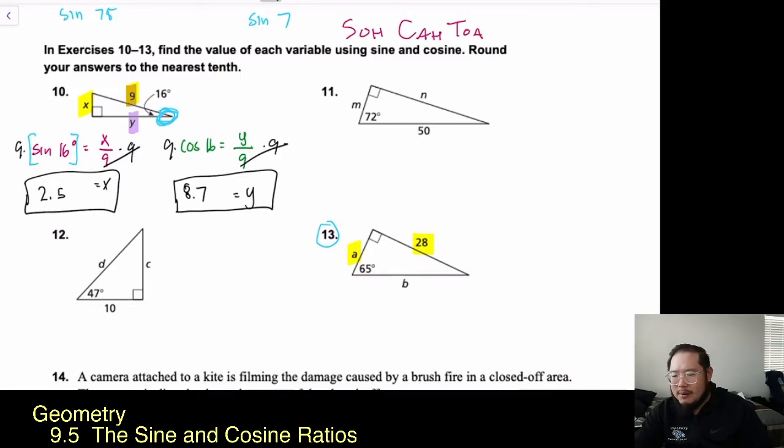Well, remember, we could figure out that third angle right here. I know one of them is 90, the other is 65. So if the total angles in a triangle are 180, then I could figure out this other missing angle. It is 25.